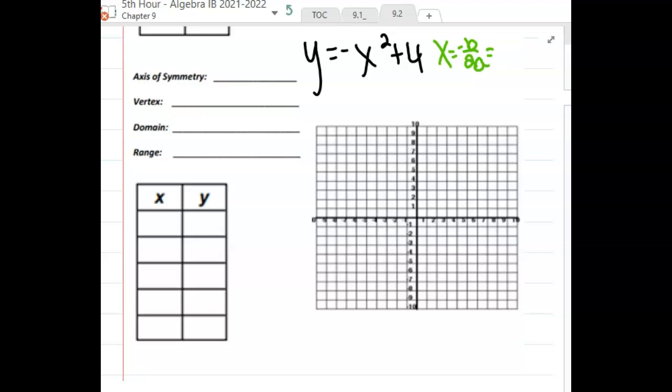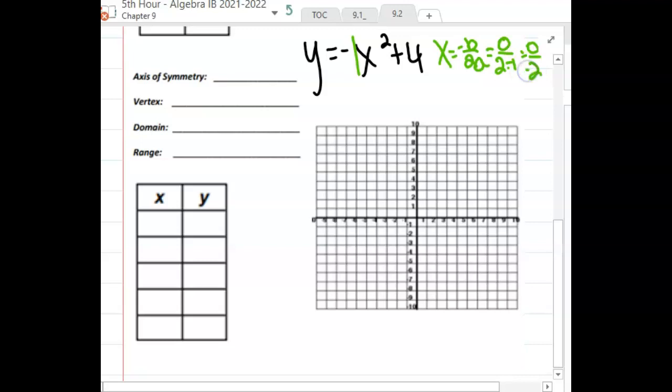So b is 0, so you're going to take the opposite of 0, which is still just 0, over 2 times a. And remember this time, a is the number in front of x squared. It's going to be -1. So it's going to be 0 over -2, which is just 0. So my axis of symmetry is x equals 0.